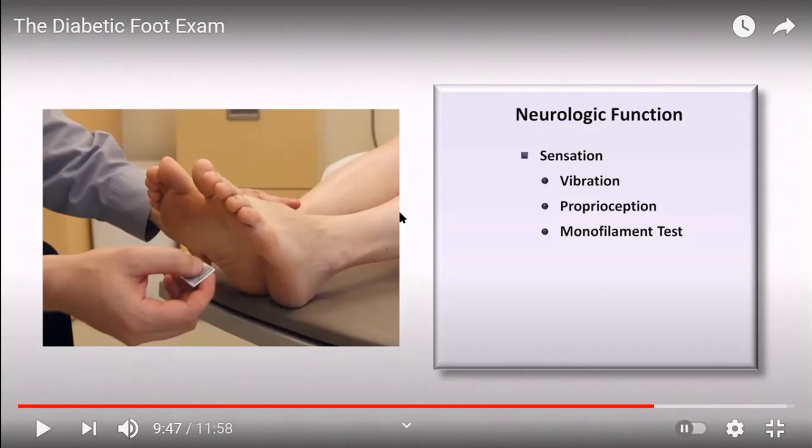So peripheral neuropathy is nerve damage, I said. This nerve damage is most often caused by diabetes, hence it is called diabetic peripheral neuropathy.